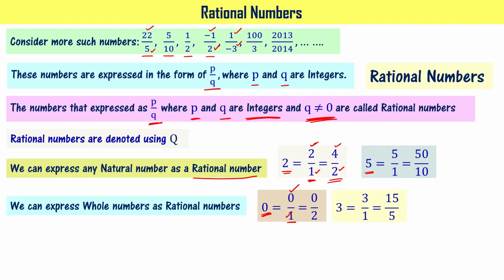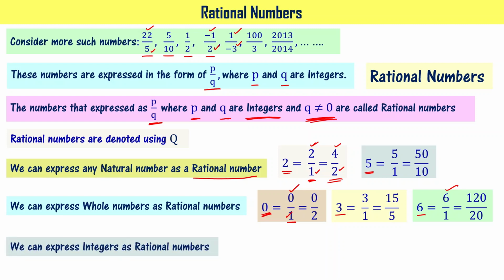Similarly, whole number 3 can also be expressed as a rational number, right? That is 3 by 1 or 15 by 5, or 30 by 10. You can write 300 by 100. And 6 can be written as 6 by 1, 120 by 20, 12 by 2, right? In all these cases, what we have done is we have expressed whole numbers as rational numbers, right?